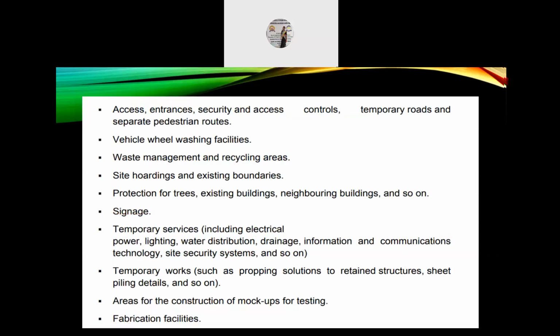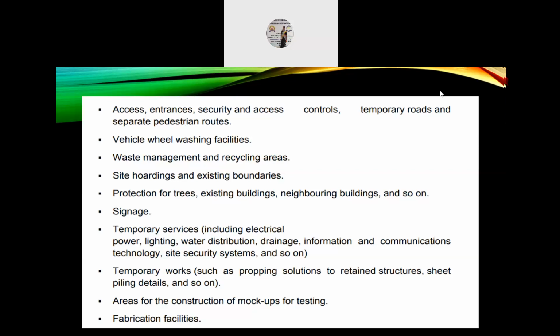Then, access, entrances, security and access controls, temporary roads and separate pedestrian routes. Then, vehicle wheel washing facilities, waste management and recycling areas, site hoardings and existing boundaries, protection for trees, existing buildings, neighboring buildings and so on, signage, that is signboards, then temporary services which may include electrical power, lighting, water distribution, drainage, information and communication technology, site security systems and so on.